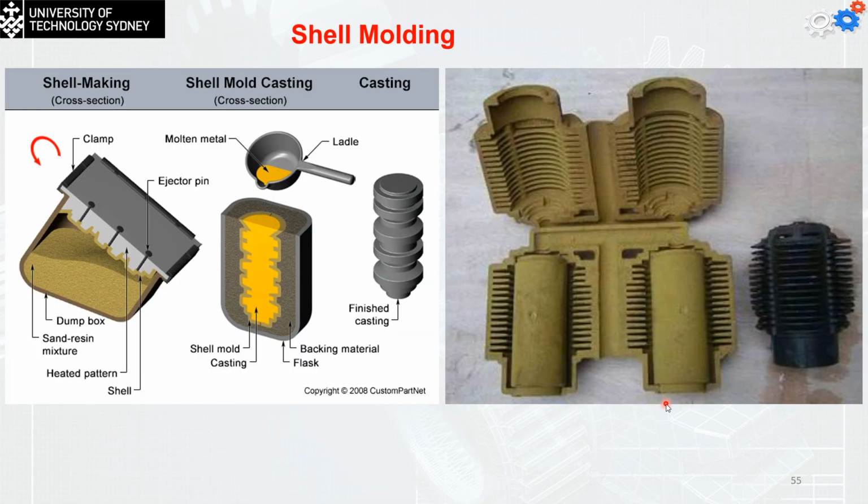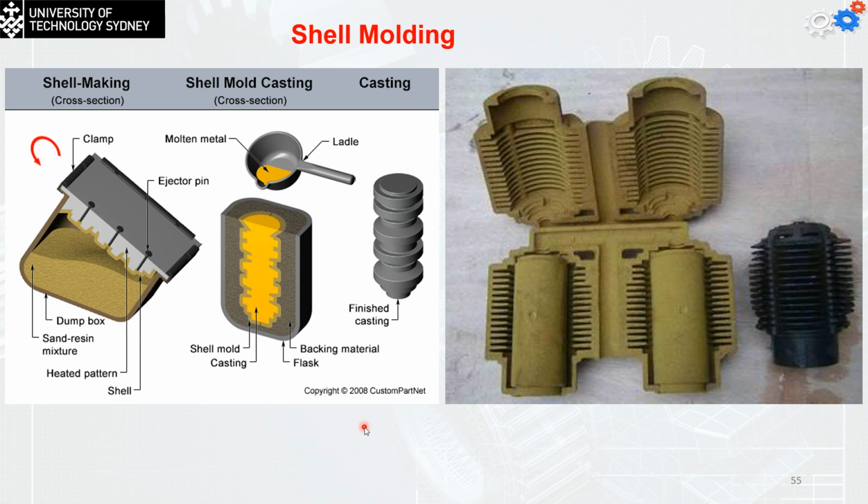Now, an alternative method for making the engine block is using the shell molding instead of the sand casting operation. This will be very popular, especially if you're going to make massive production. If I'm going to do one engine block, that was actually verifying the question of how many I need.